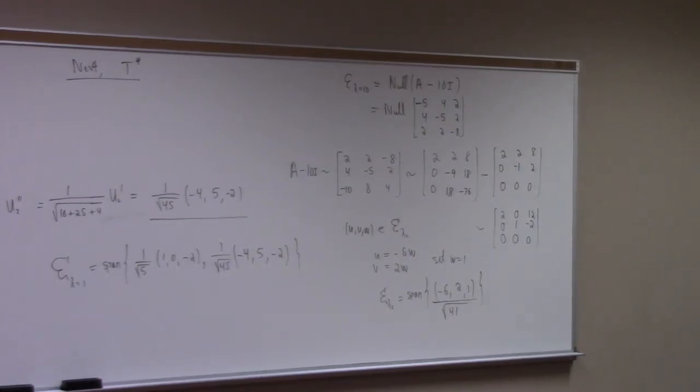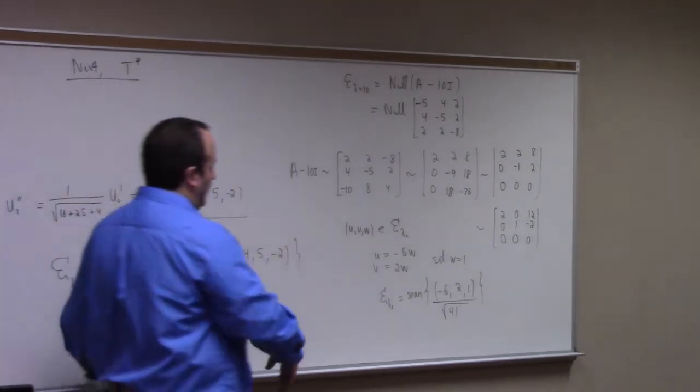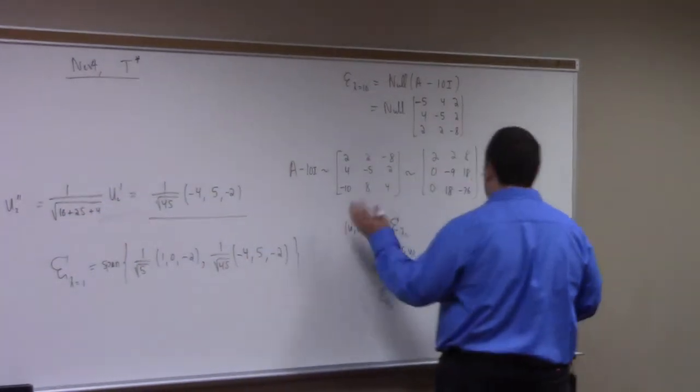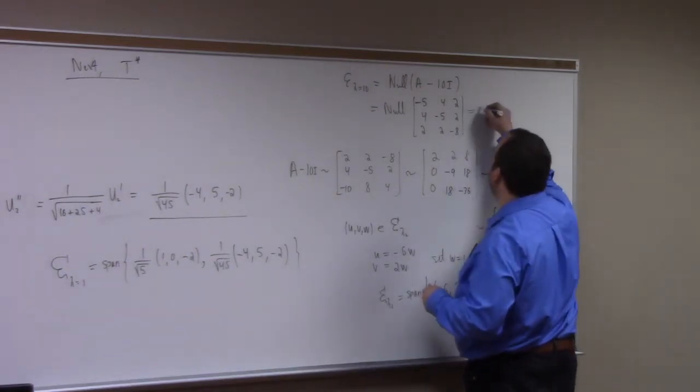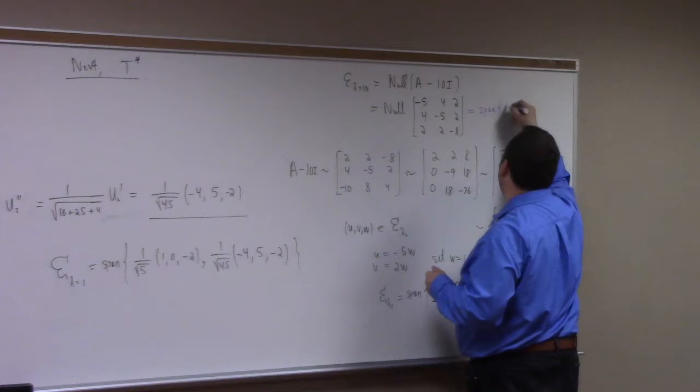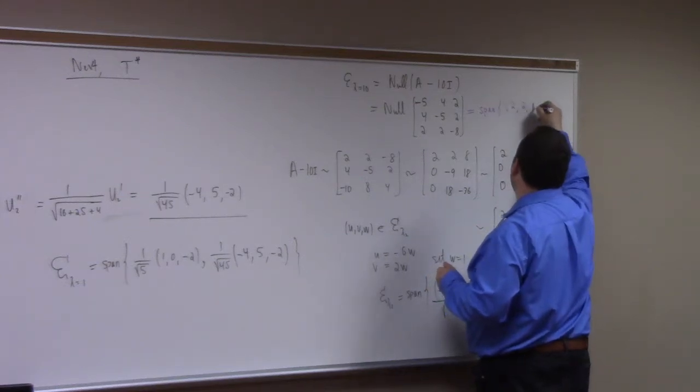Wait, 5, 4, 5, 2, 4. Uh-huh. Eigenvalues are 1, 1, 10. And the eigenvector of eigenvalue 10 was 2, 2, 1. We should have gotten 2, 2, 1. So I did something wrong in these calculations somewhere. It doesn't really matter. The point is, I mean, it matters. 2, 2, 1, I said, right?